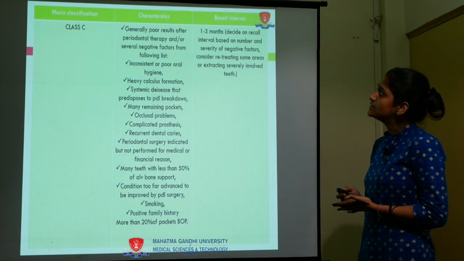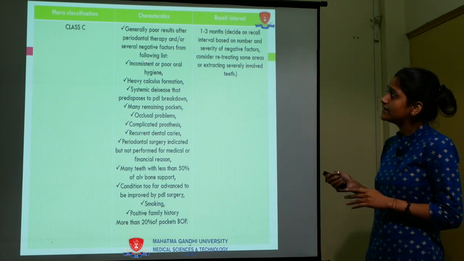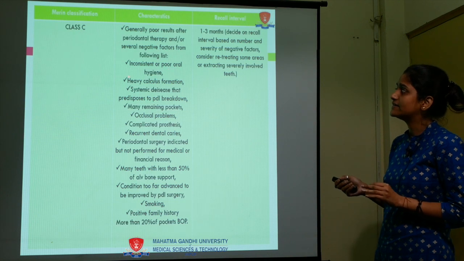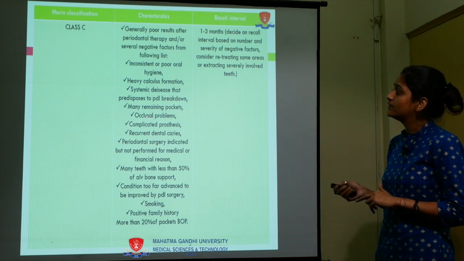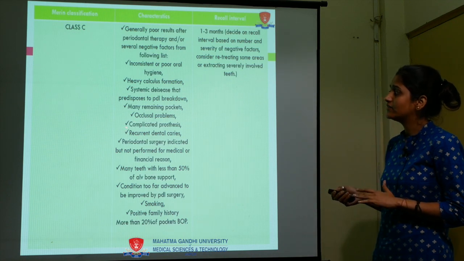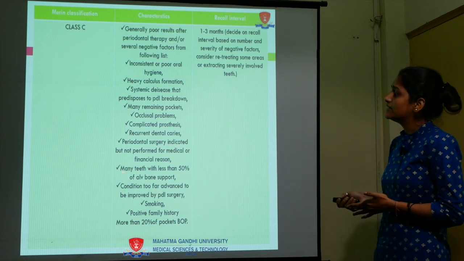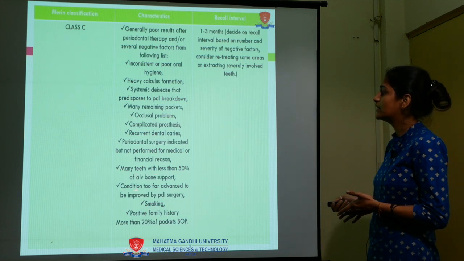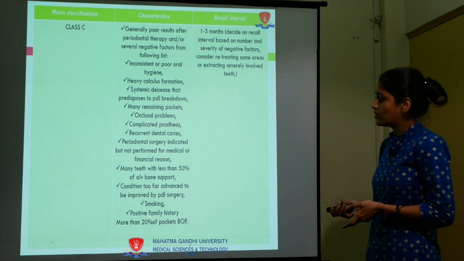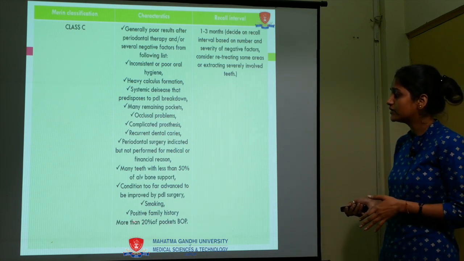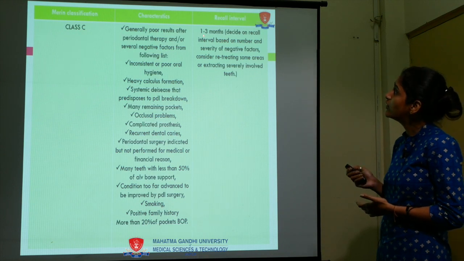Then coming to class C, if there is a generally poor result after periodontal therapy and/or several negative factors from the following list: inconsistent or poor oral hygiene, heavy calculus formation, systemic disease that predisposes to periodontal breakdown, many remaining pockets, occlusal problems, complicated prosthesis, recurrent dental caries, periodontal surgery indicated but not performed for medical or financial reasons, many teeth with less than 50% of alveolar bone support, condition too far advanced to be improved by periodontal surgery, smoking, positive family history, and more than 20% of pockets or bleeding on probing, then the recall interval is 1 to 3 months.